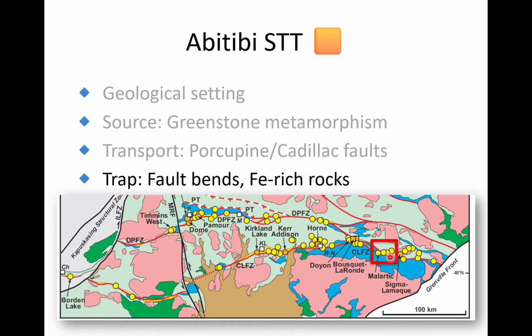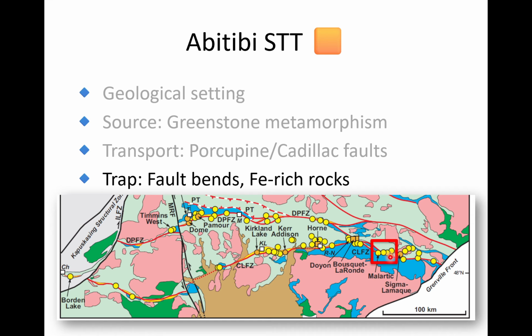That is a more typical case for the Abitibi, which is why it's been interpreted variously as a deep transported magmatic fluid system. Nonetheless, across the belt, the most consistent trap is structure.